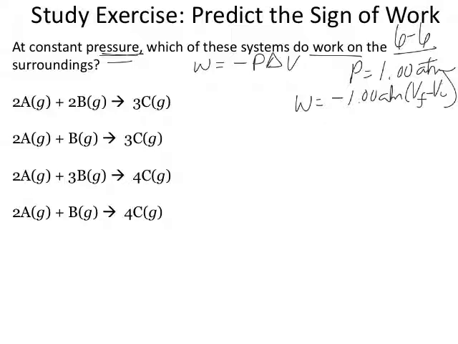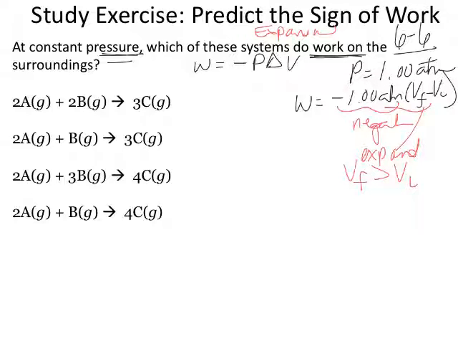Basically, if it does work on the surroundings, which of these do work on the surroundings? They want expansion. Expansion means negative work. In order for this whole thing to be negative, this needs to expand. That means the V final better be larger than the V initial.